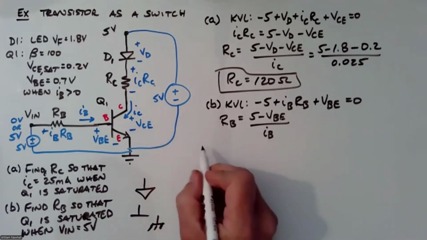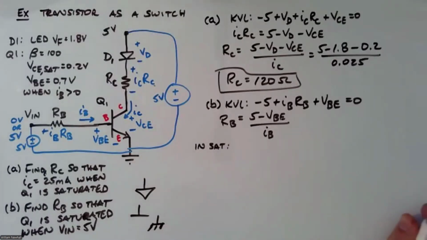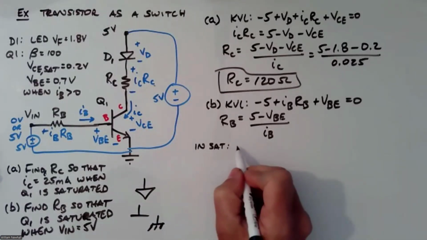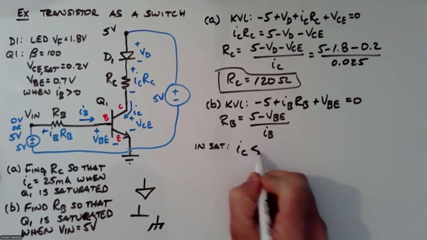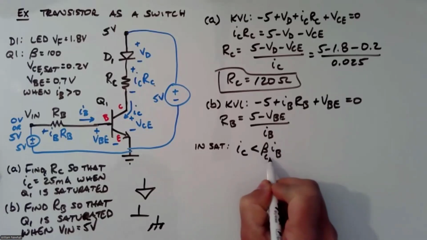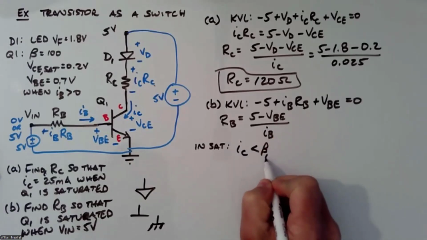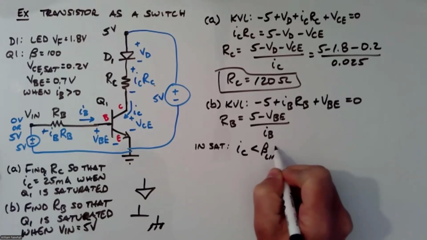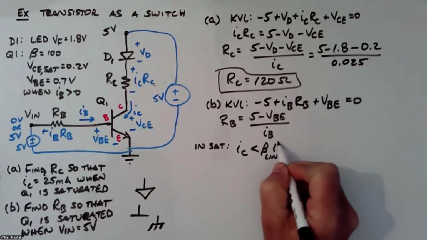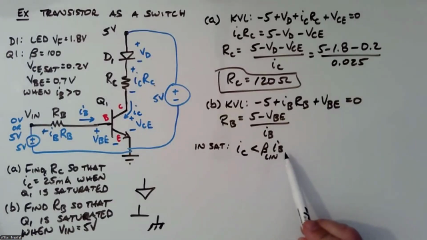We want that transistor saturated, and we know that when the transistor is saturated, IC is less than beta IB, and I'm going to put linear. Let me write that again. This is the beta linear value. In other words, when this transistor is operating linearly, IC equals beta linear IB.